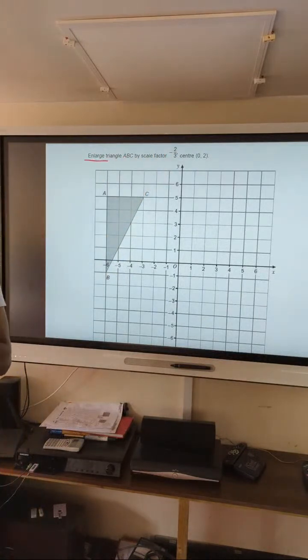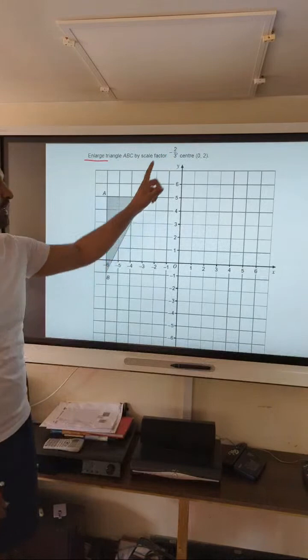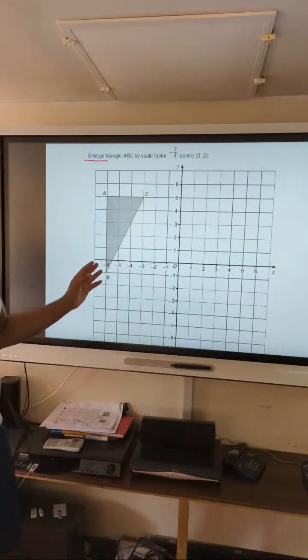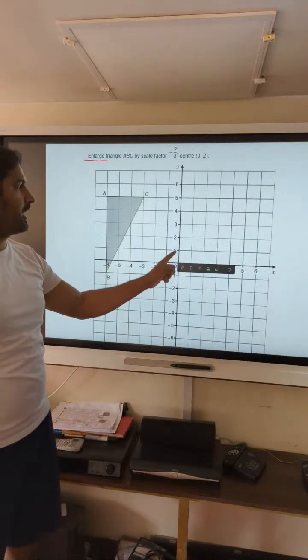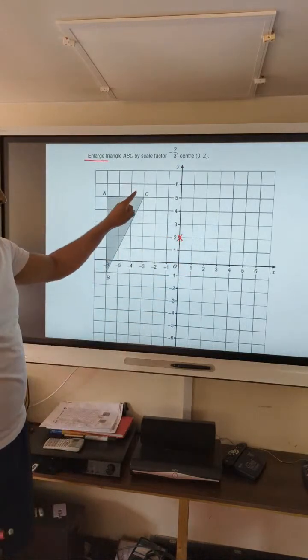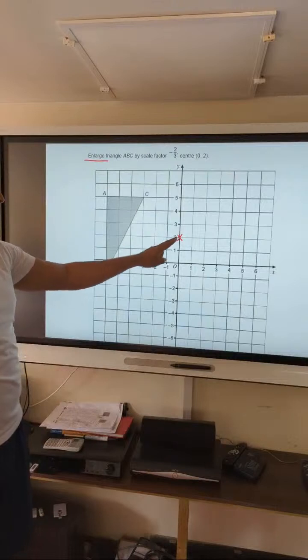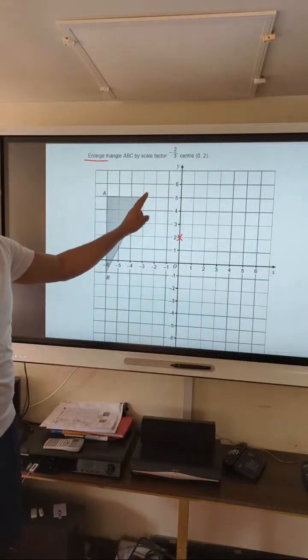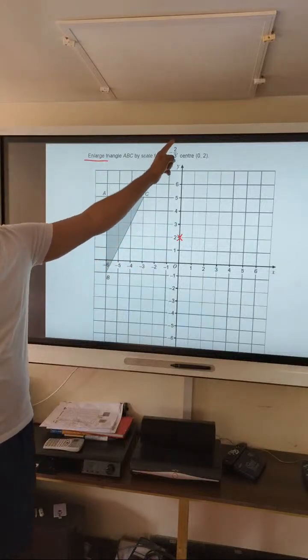So we're looking at the distances from the center. The center is (0, 2), so we mark that center 0 across and 2 up. So we're marking it at this point here. Now, whatever the distance we need to go to each one of these points, we're going to have to multiply by negative 2/3.